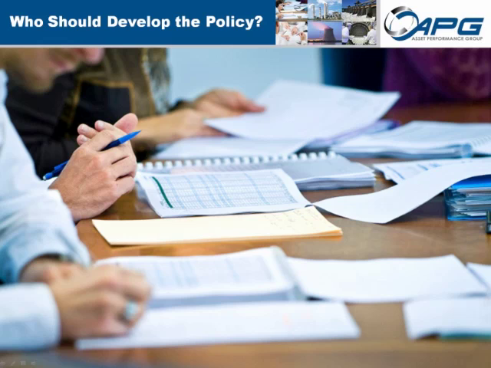Now remember that asset management is a function. So there may not be an asset management department, and even if there is, we need to consider all of the stakeholders for the function: operations, maintenance, engineering, human resources, information systems, everybody who has a stake in the management of assets for that organization.